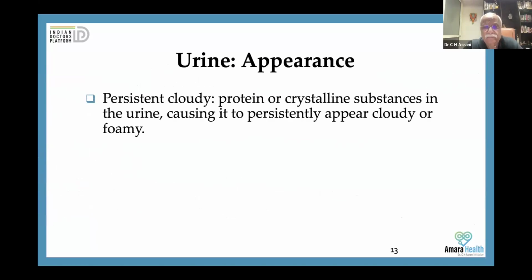Persistently cloudy urine: protein or crystalline substances in the urine, causing it to persistently appear cloudy or foamy. Again, you need a good analysis, preferably in a lab, not with strips.